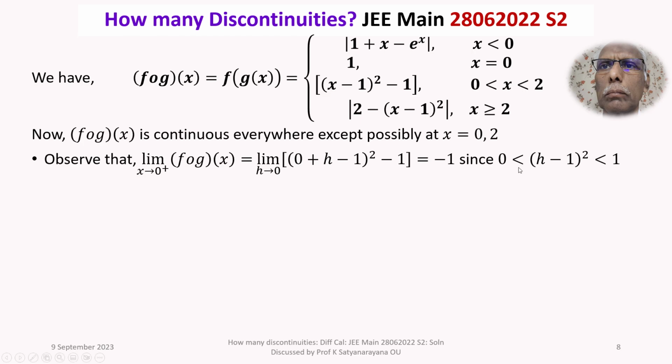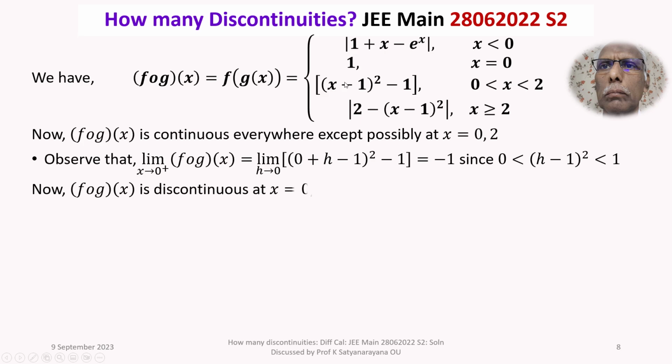So that means if you subtract 1 throughout, 0 minus 1 is less than h minus 1 whole square minus 1, which is less than 0. So h minus 1 whole square minus 1 will lie between minus 1 and 0. Therefore the bracket of that is minus 1. Agreed? It's clear.